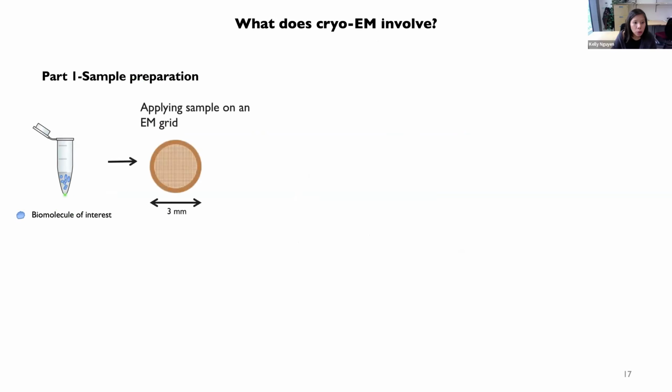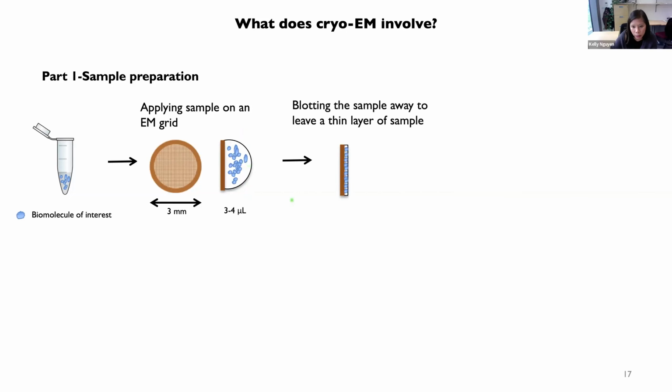Then what we do in EM is we apply the sample on a small grid. It's very tiny, about 3 millimeters across, and about 3 to 4 microliters generally, using the conventional method we have been using. Then we blot most of the sample away, leaving a very thin layer of your sample on this grid.